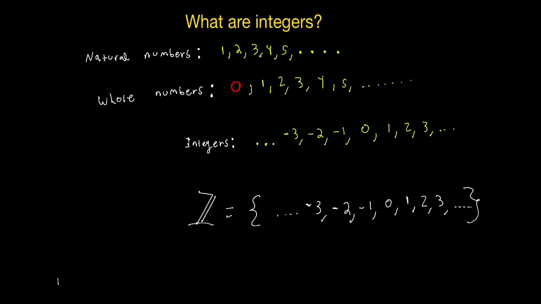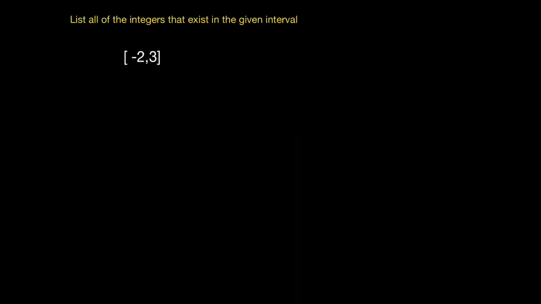Alright, so let's take a look at some examples. Here it says, list all of the integers that exist in the given interval. Let's look at our endpoints. We have a -2 and we have a +3. Let's imagine creating a number line here. We have that -2 is the lower bound, so that will be the starting position.